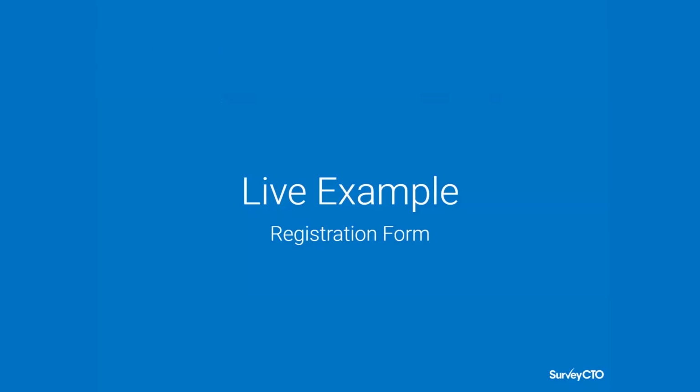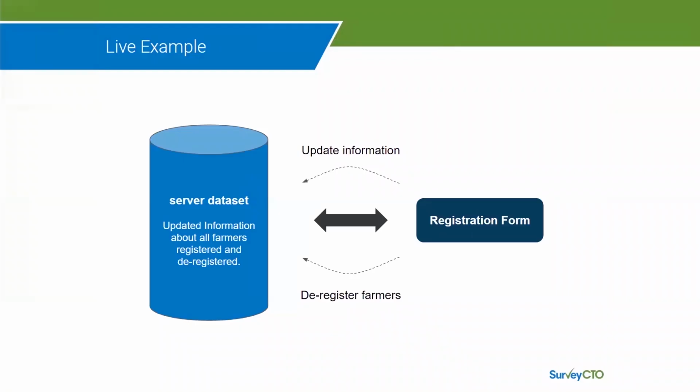Okay, so please start by reading the README file so you can follow the instructions and set this up in your server console. This live example is a registration form for farmers specifically. So we have one server dataset and one form.